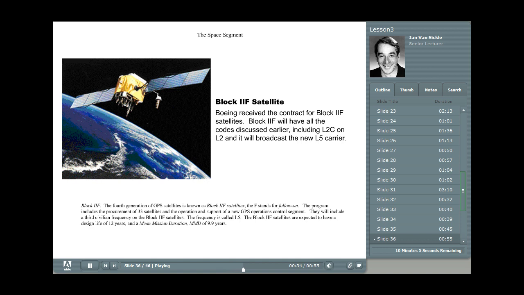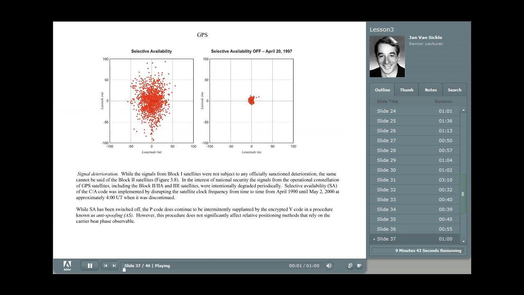This is the new carrier frequency. This will be very helpful because, as you know, the ionosphere modeling is an important part of error management in GPS. We can model it to some good degree with 2 carriers. 3 will obviously make that modeling even better.